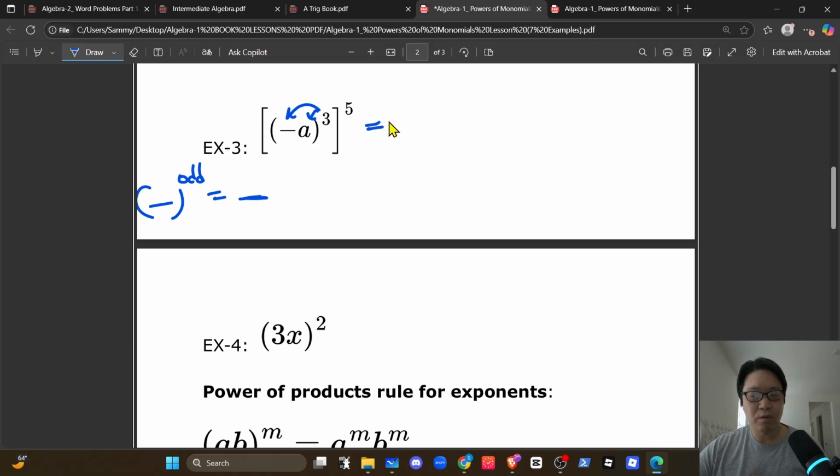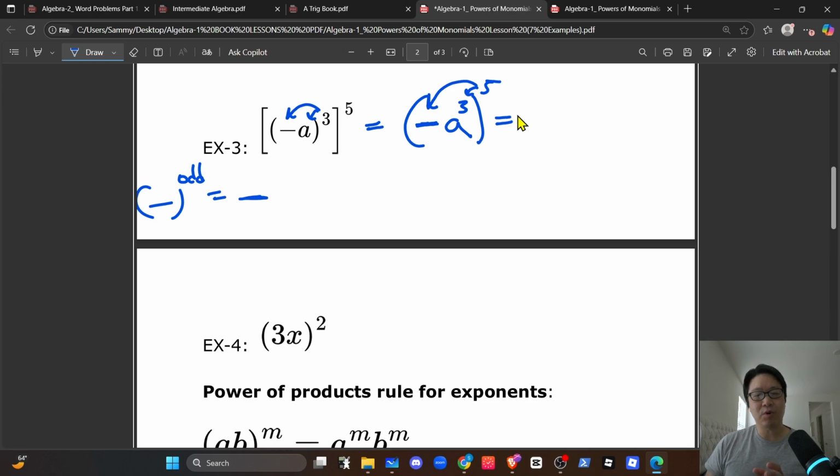So you're still going to end up with negative a raised to the power of 3, and then you're going to raise that to the power of 5. And notice again, the 5 is being applied to the negative and the 3. And because 5 is an odd number, you're going to get back a negative.